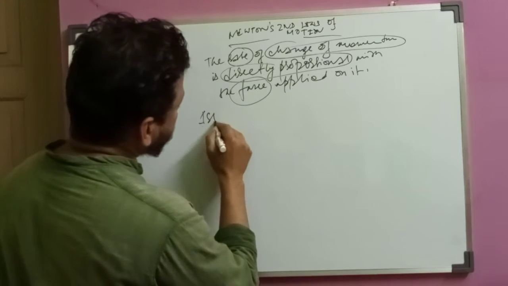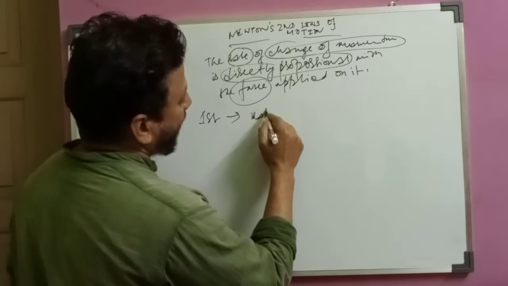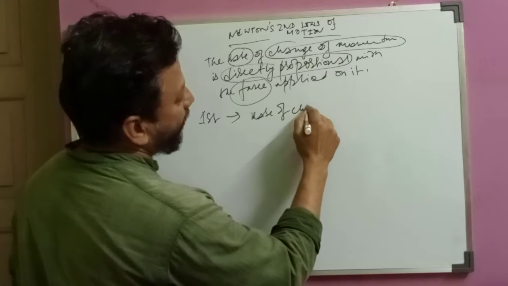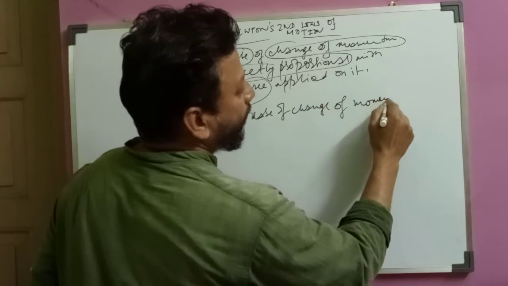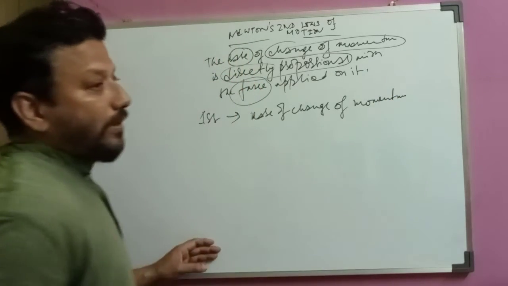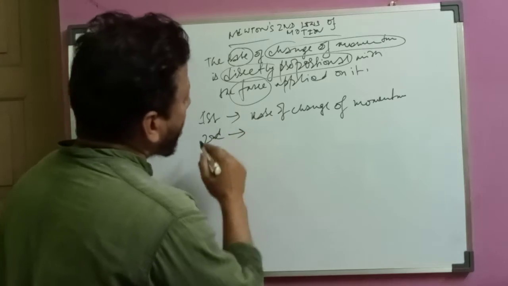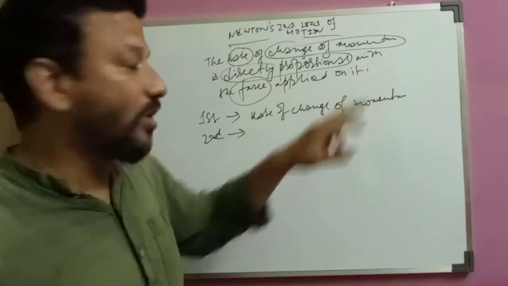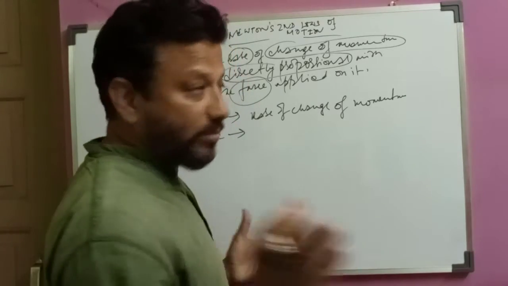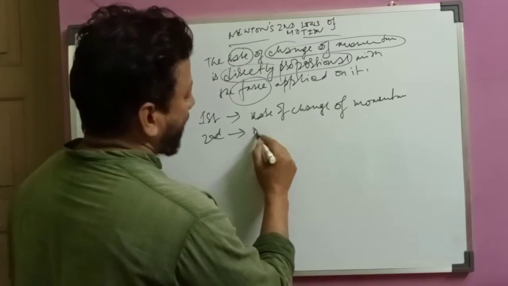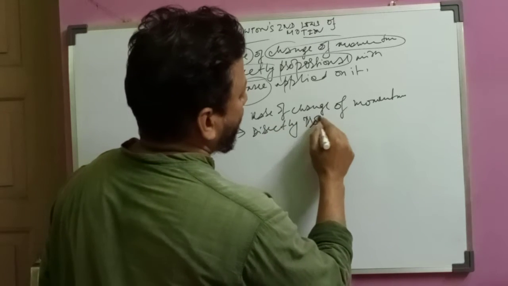First, the rate of change of momentum. Second, directly proportional, which is the mathematical part you learned in class 9 or 10, ratio and proportion.